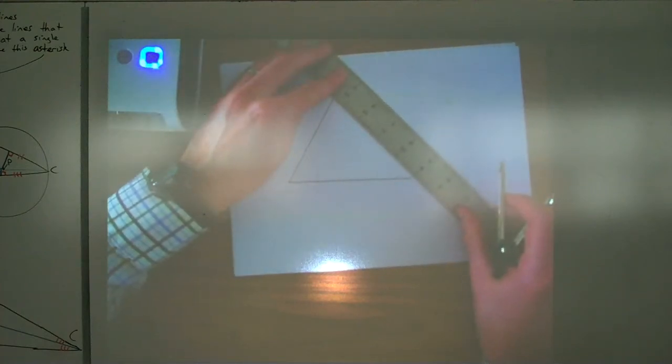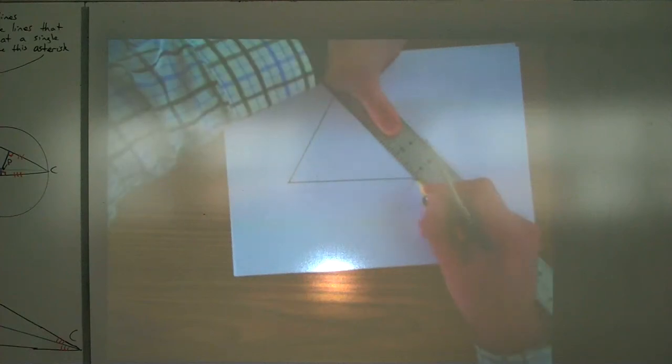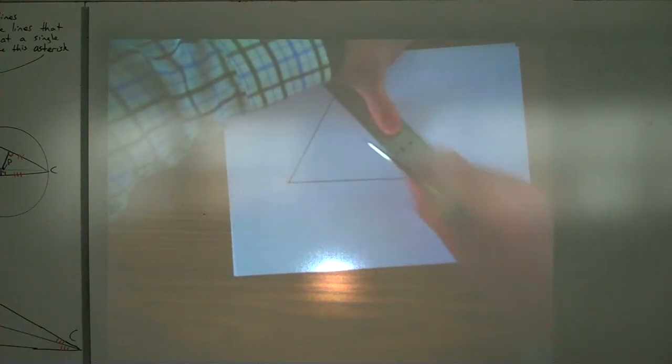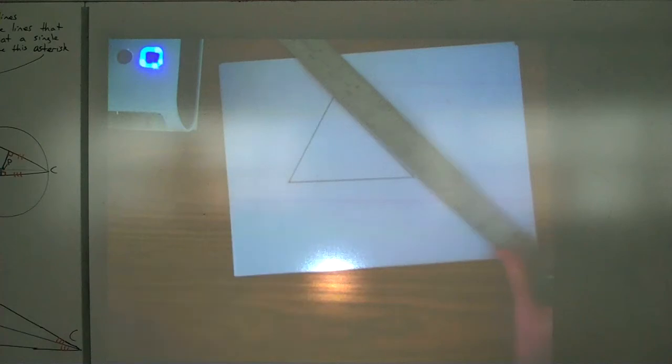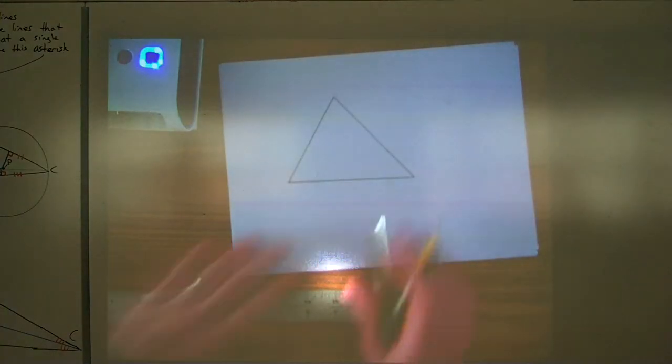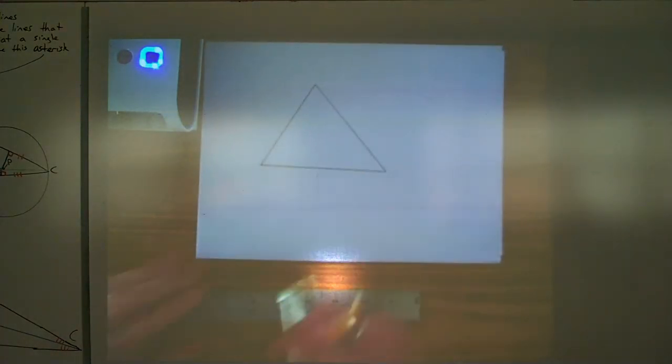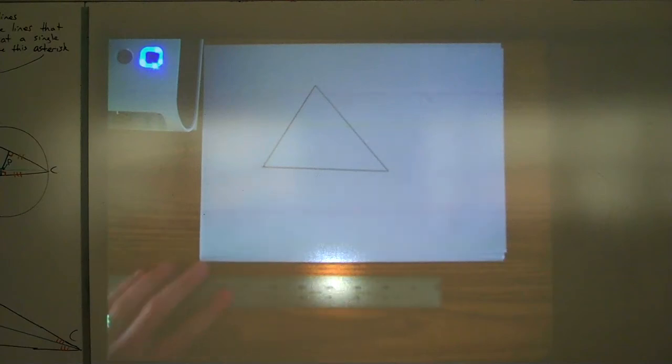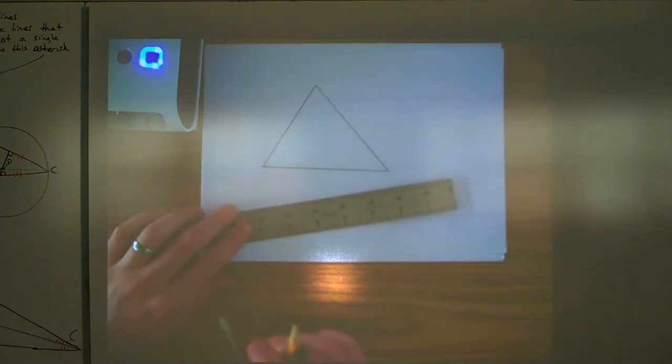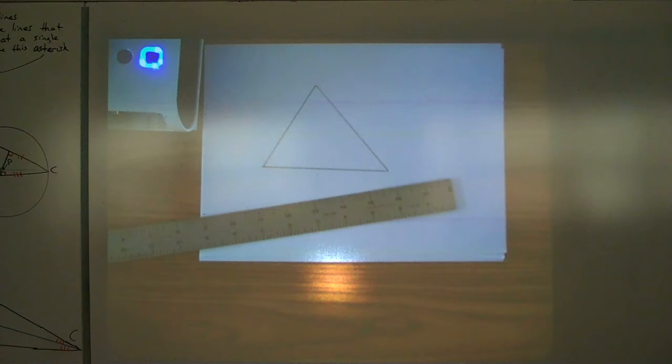Any triangle, doesn't matter. Just something big and try to make it straight. So don't freehand it. I have some straight edges up here. Can you borrow them? Up on the sill here.